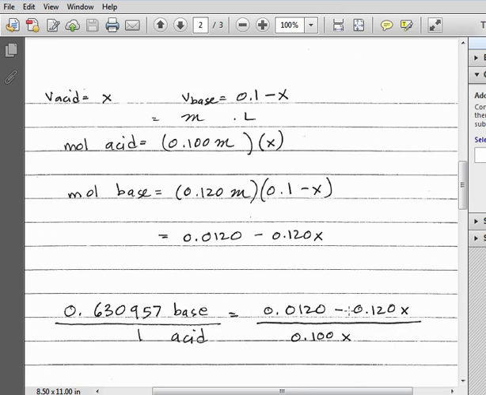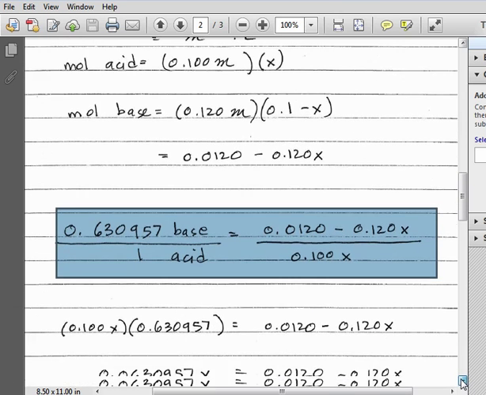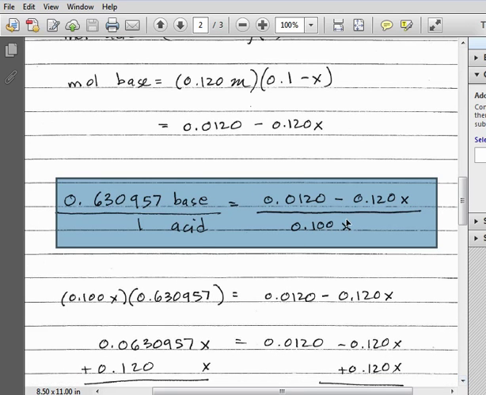So I know that this ratio of moles of base to moles of acid has to equal this ratio, which I calculated in my Henderson-Hasselbalch. So basically what I have now is a proportion. And when I have a proportion, the way that I can solve for my unknown X is I can cross multiply.